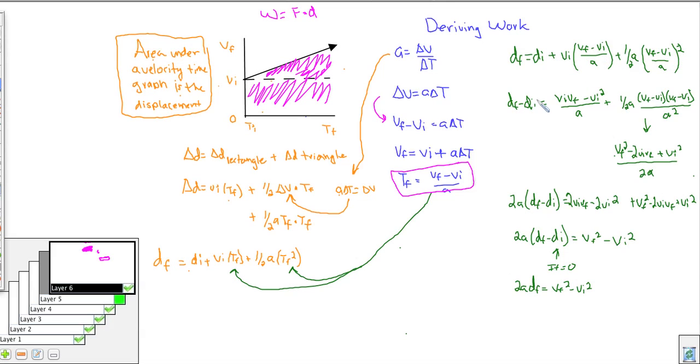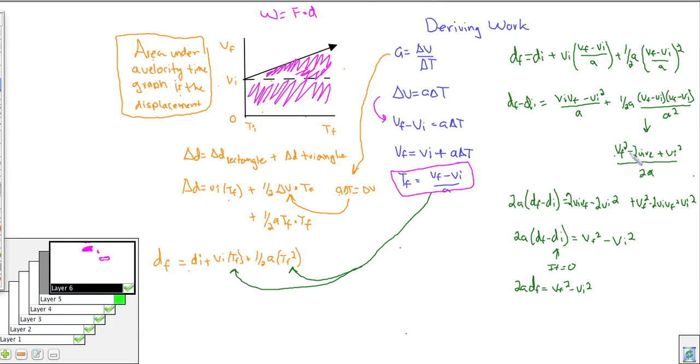I'm going to go ahead and distribute that out, and so what we end up having is VI times VF minus VI, squared, divided by A, and over here it's 1/2. We're going to have to multiply these out as well as square the VF minus VI. I went ahead and did that for you so you can see the algebra. This is some big gnarly algebra, but you should all be fairly familiar with how to do that.